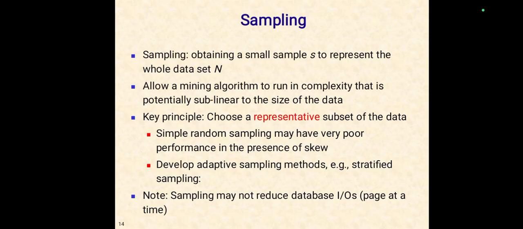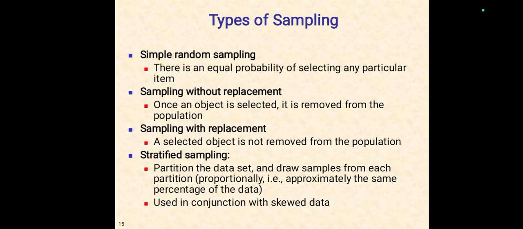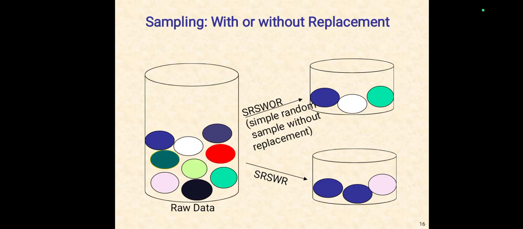So sampling is used to avoid the time complexity. I will take a small portion of the data, apply my algorithms, and find the result from that. There are different types of sampling algorithms, like simple random sampling without replacement, sampling with replacement, stratified sampling, etc.